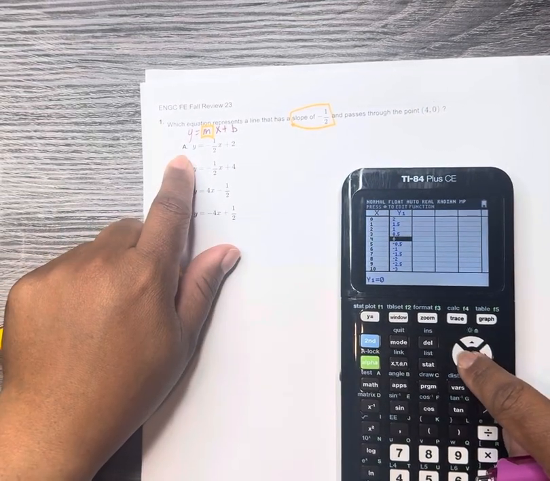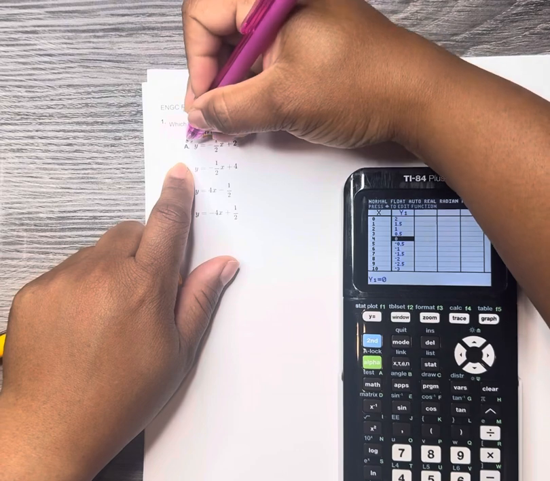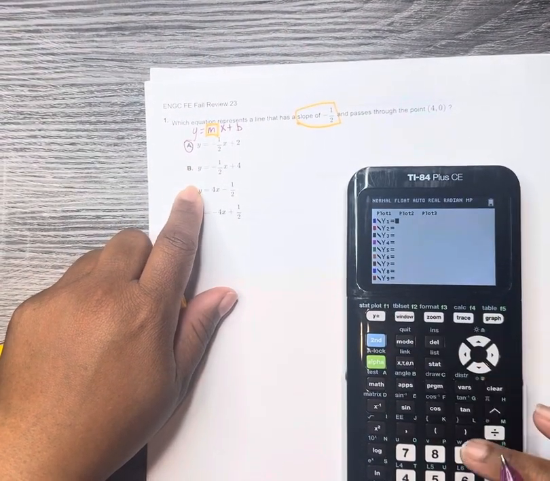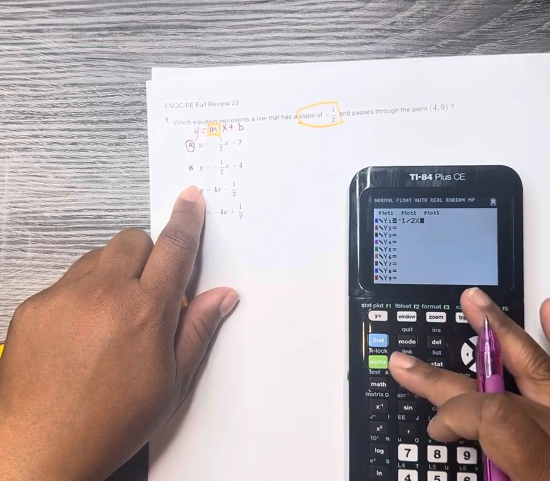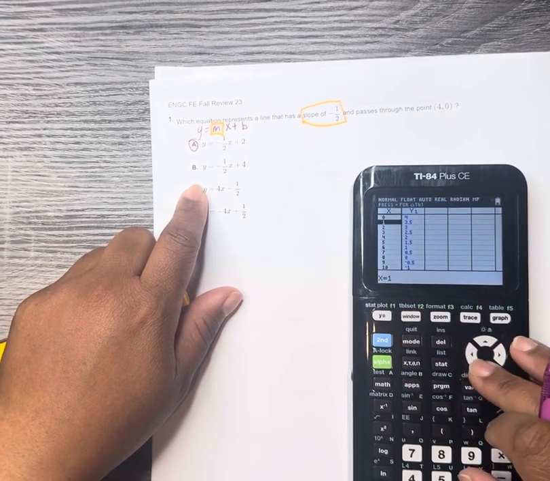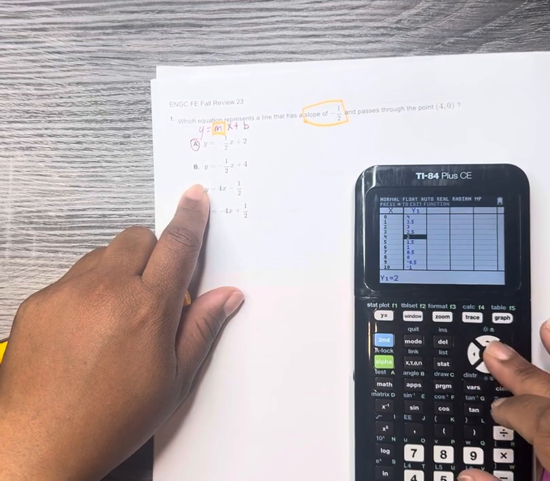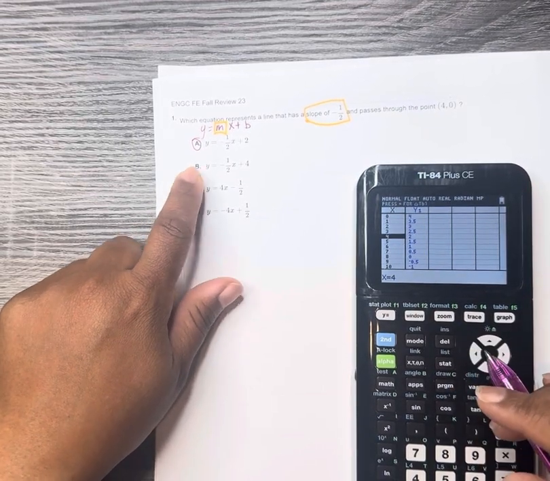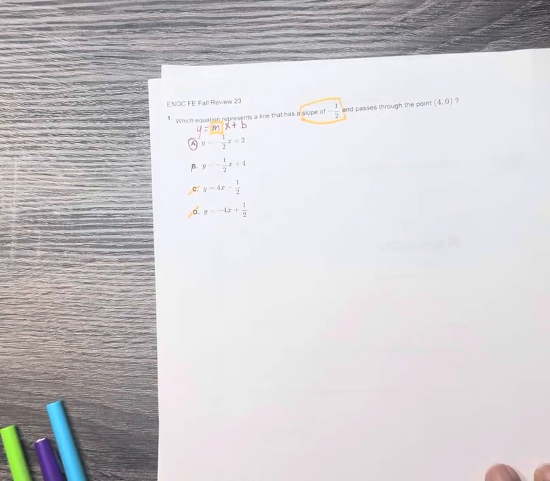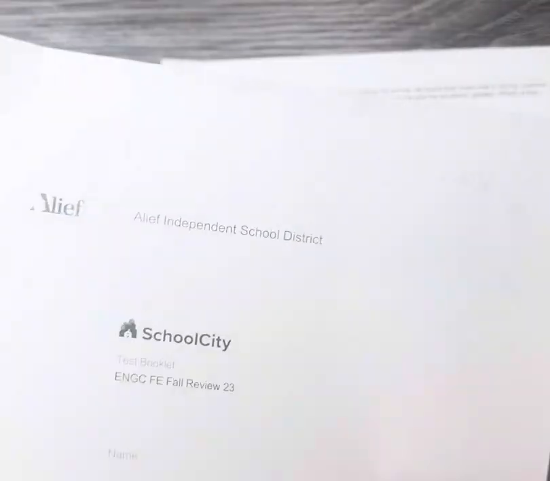So this one does have the point (4, 0). So that's the answer. Notice if you put in -1/2 x plus 4, and when you go to 4, the y is not 0, it's 2. That's how you know that B is not it. Okay? Let's go to the next one.